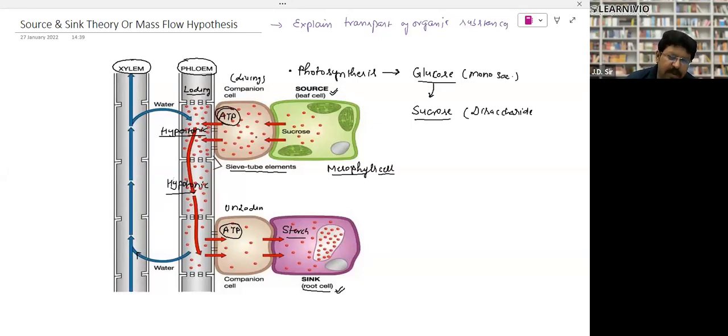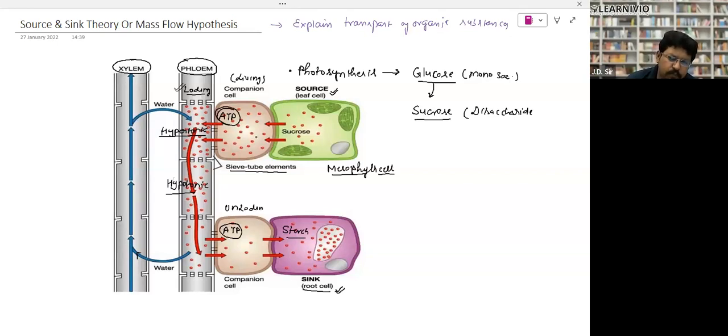But transfer of food from companion cell to sieve tube element is an active process and ATP is required over there, right? The transfer of food from the companion cell to the nearby sieve tube element is called loading. This is called loading. So first loading takes place and loading is an active process.